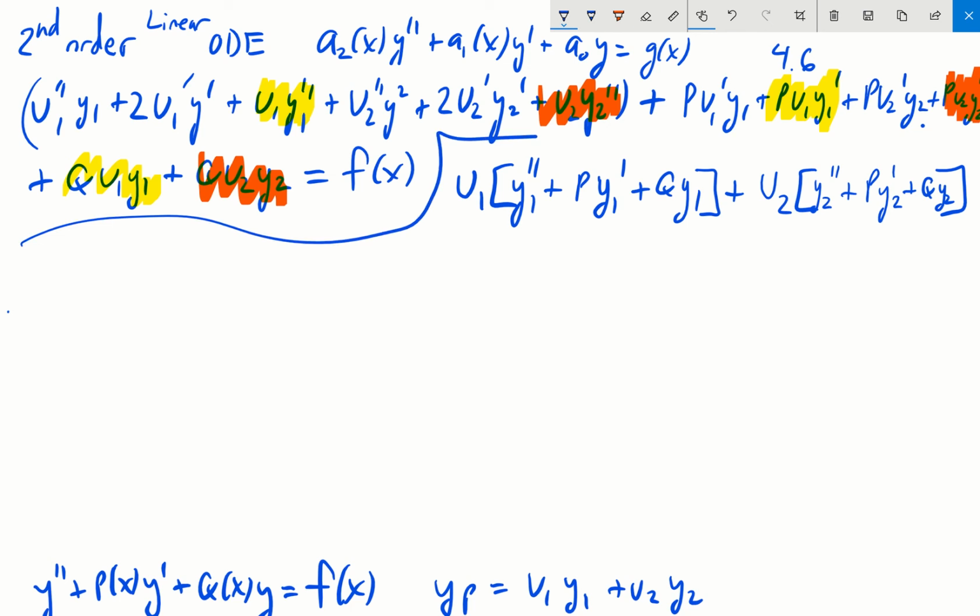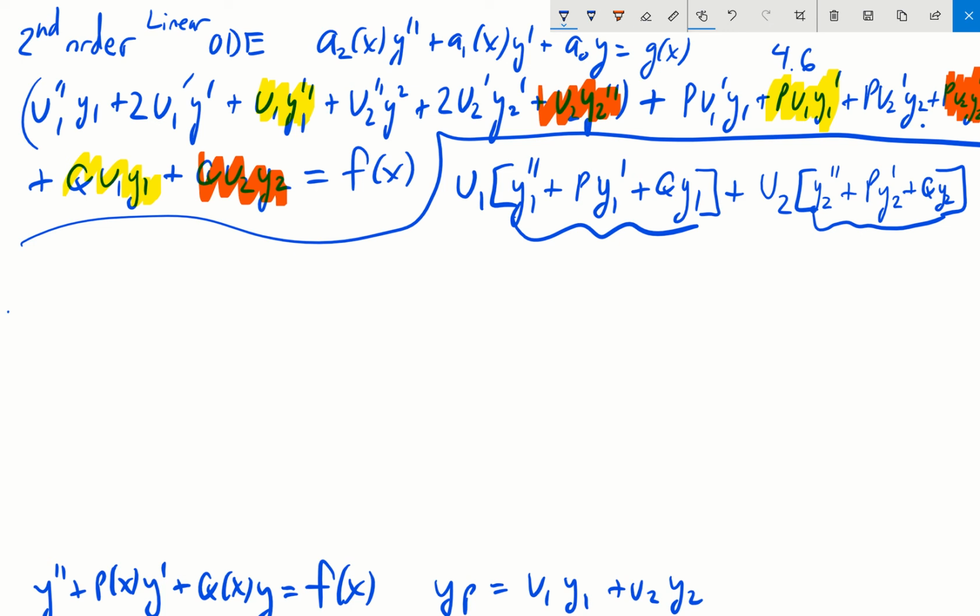So here's the thing about this. I'll write the rest of these terms here in a minute. But look at what we have. When I grouped and combined some of these terms in the expression on the left-hand side of this equation, remember y1 and y2 are part of the homogeneous differential equation. Those are part of the complementary solution.